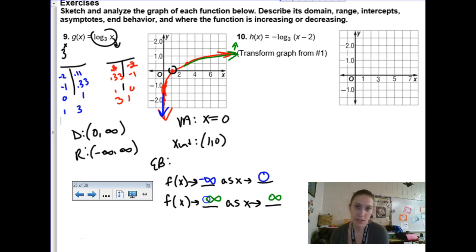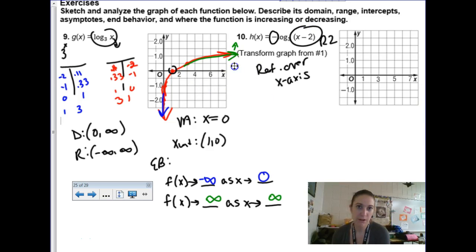I am slightly running out of time here, but the transformations here, we have a reflection over the x-axis and then a right 2 shift.